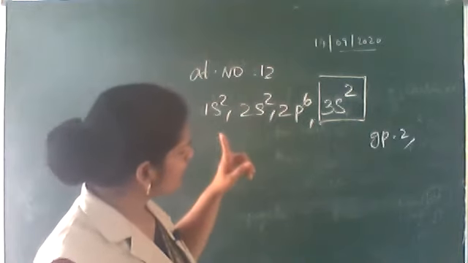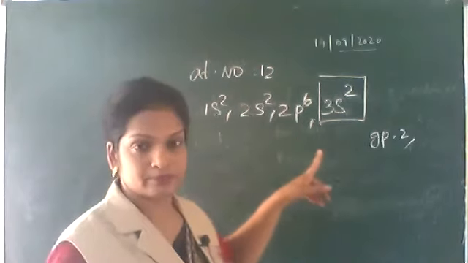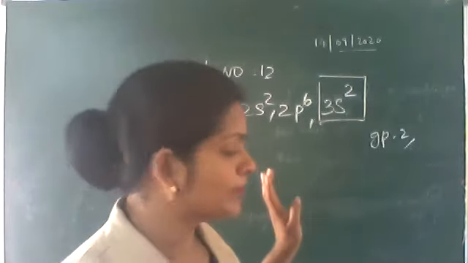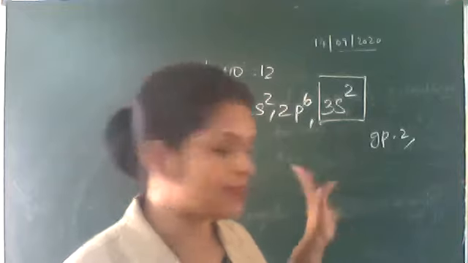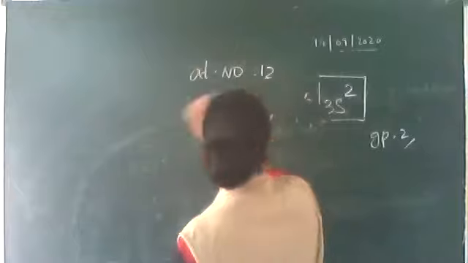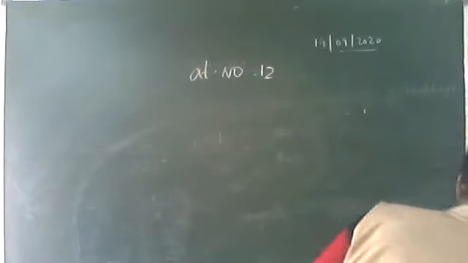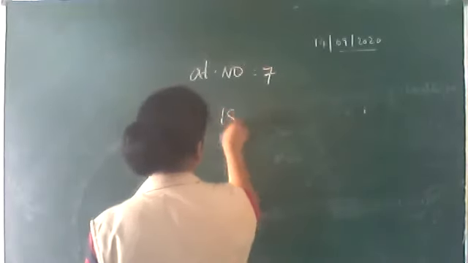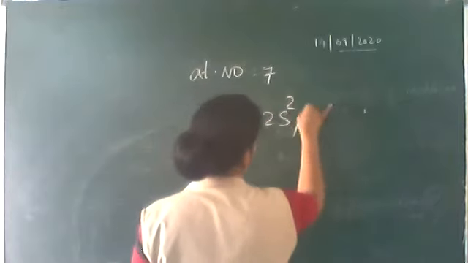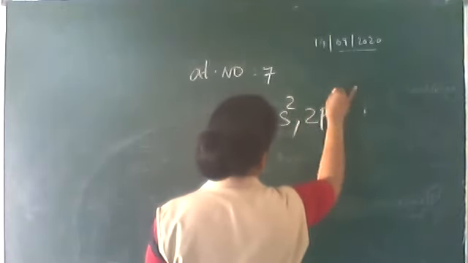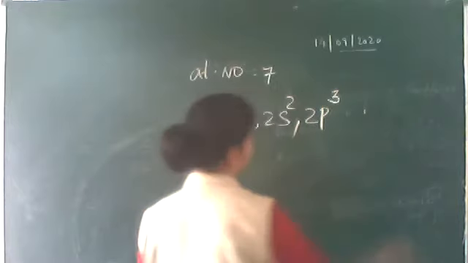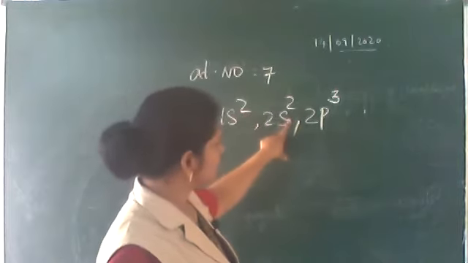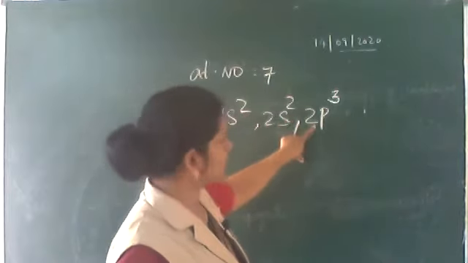Now, if in the last shell np also has electrons, for example atomic number 7: 1s2, 2s2, 2p3.